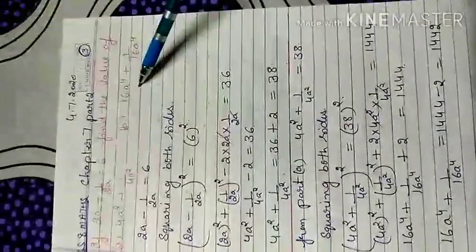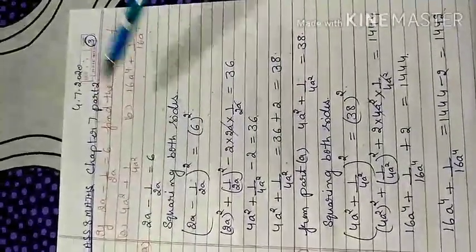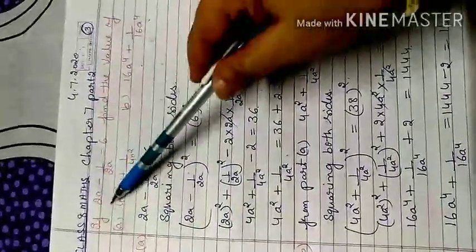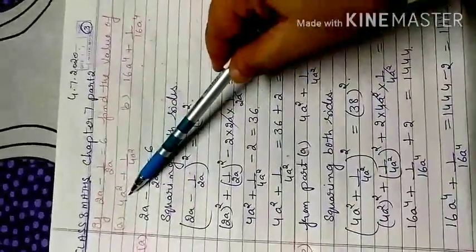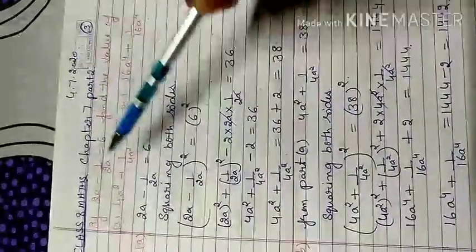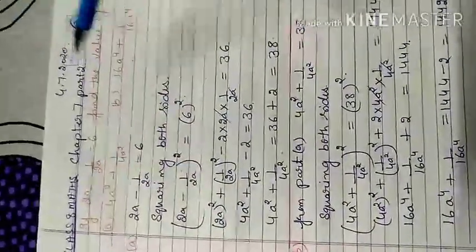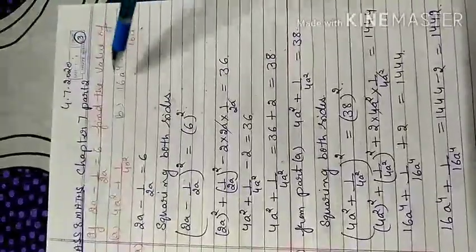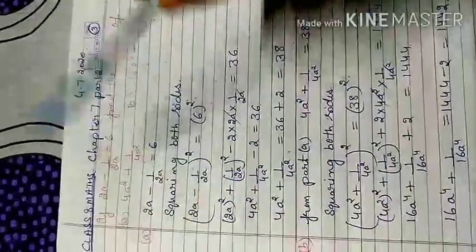Similarly in the second case, 16a⁴ + 1/(16a⁴): the square of 4a² is 16a⁴ and the square of 1/(4a²) is 1/(16a⁴). So before finding this value, the previous value must be found.